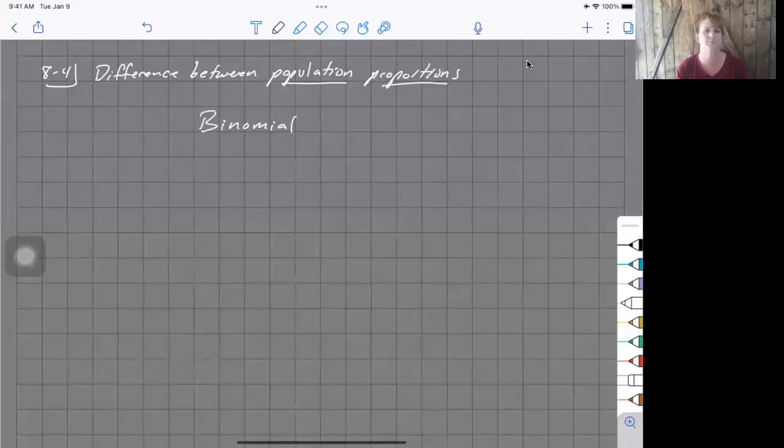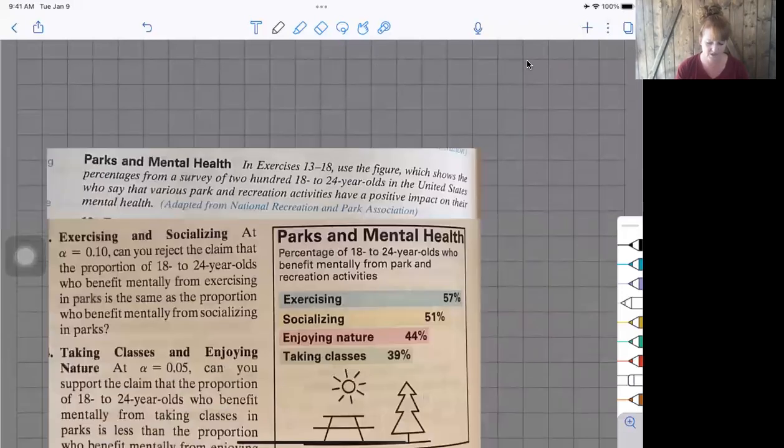Not always, but often. So if you see percentages, you go, it might be a binomial, and you check it. So in our claim, we're going to be using a P instead of a mu. That's going to represent our population proportion, and we're going to be testing a claim about that. So let's jump right in.